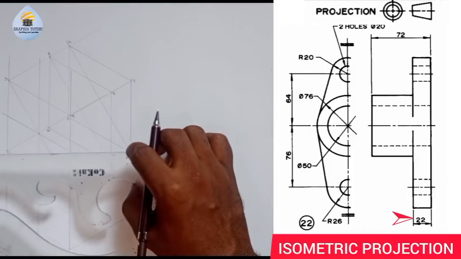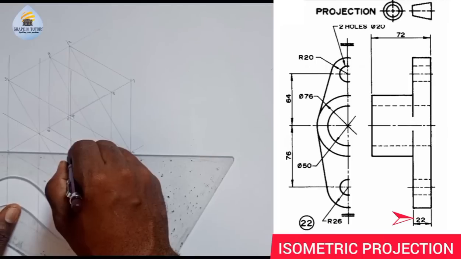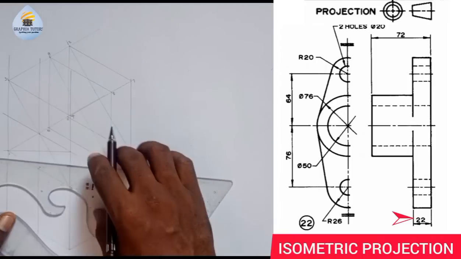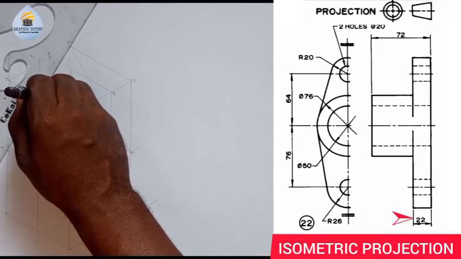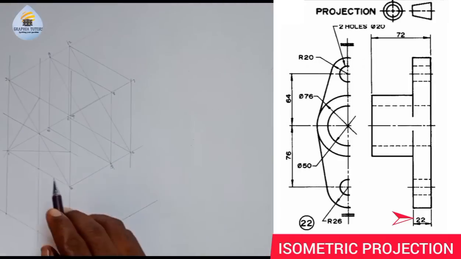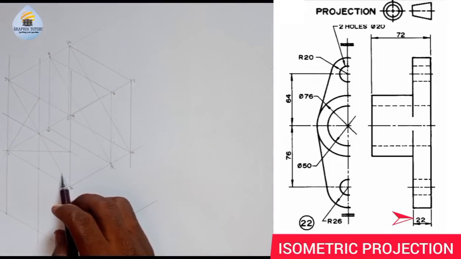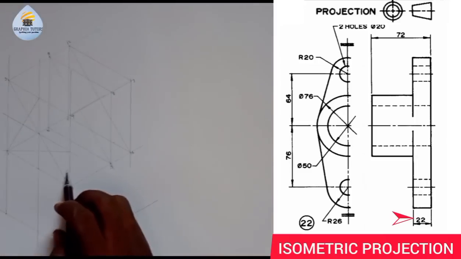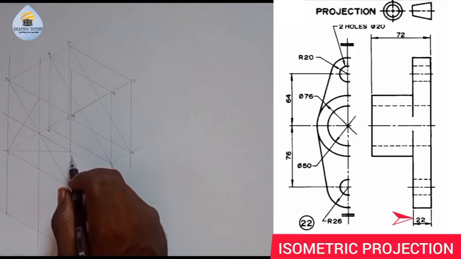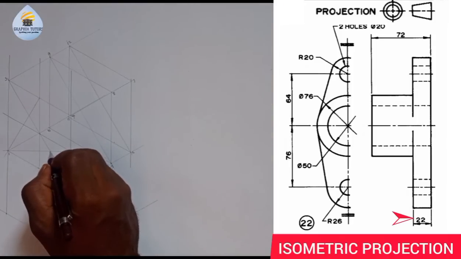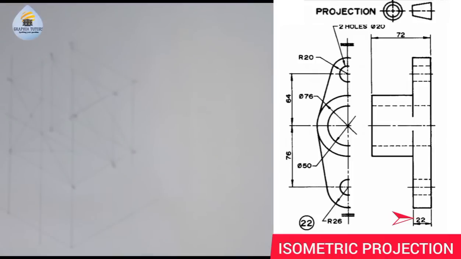I will join from this point to this point, from 1 to this point, and I will join from 1 to the vertical line also, from 1 to the horizontal, and 1 to the vertical. So when they are meeting at this point here, and at this point here. Can you see that? So that is where I will use.